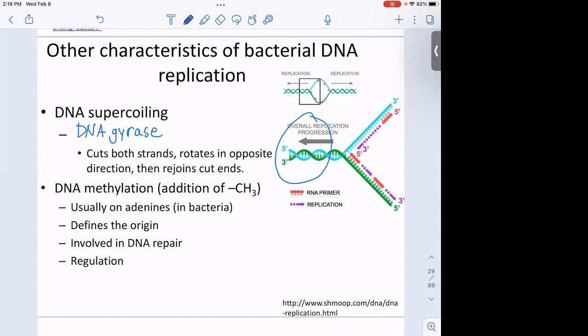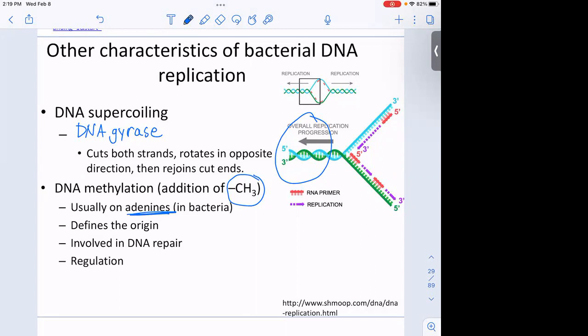One other thing that I want to point out is that there is some DNA methylation that takes place. So here's a methyl group, that's CH3. For bacteria, after replication, typically some methyl groups are added to the adenines. Other organisms get methylated, but I think in humans it's cytosines that get methylated.